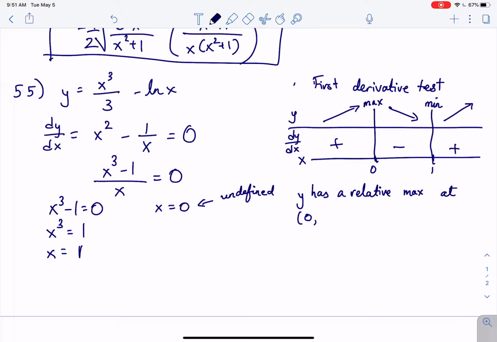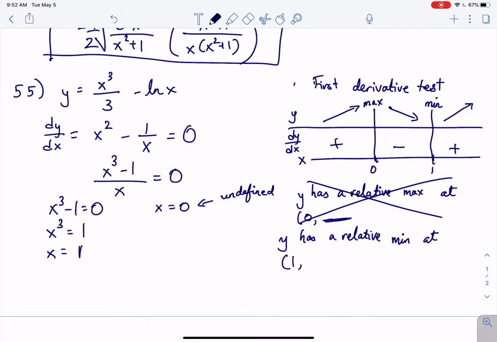It's undefined. So this doesn't actually work out, not in the domain. So we don't have that. The next thing we go is y has a relative minimum at 1 comma, well, here I can calculate this. 1 cubed over 3 is 1/3. And then I find a natural log of 1, which is 0. So it's 1/3 minus 0 is 1/3.